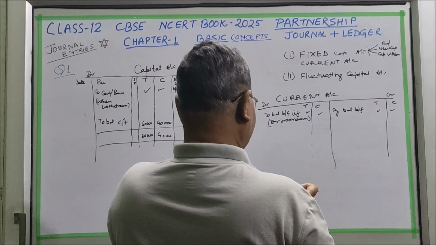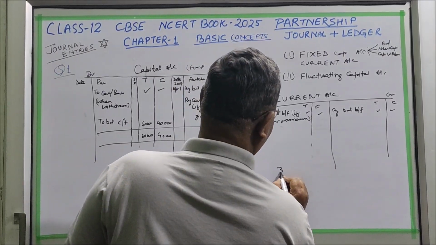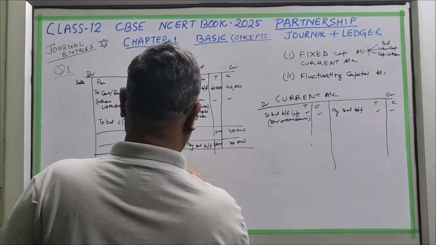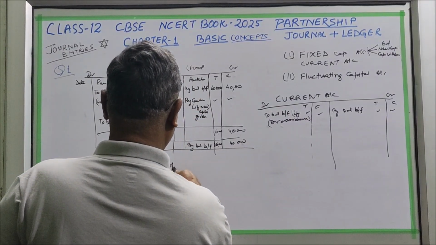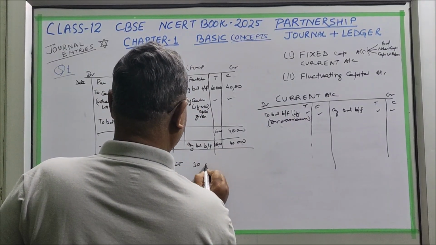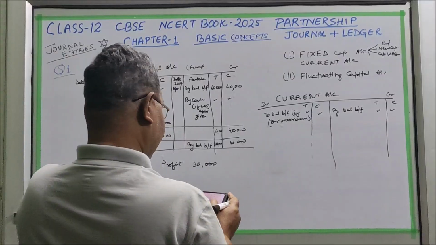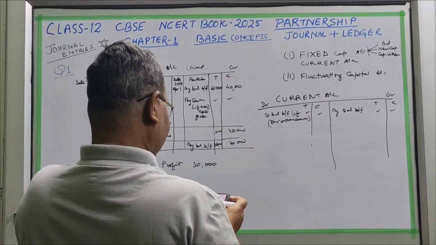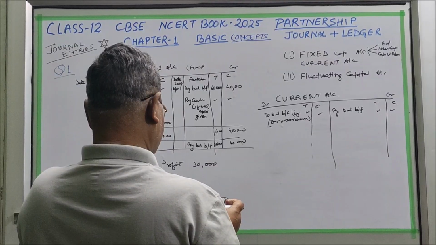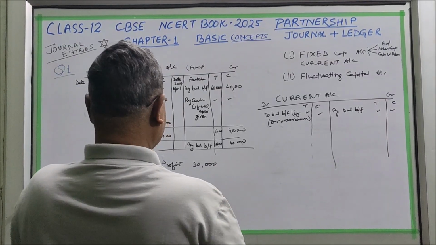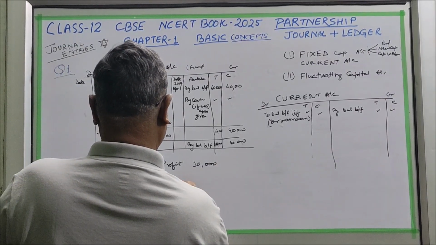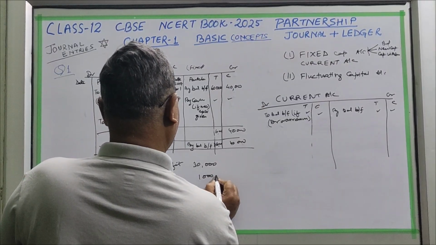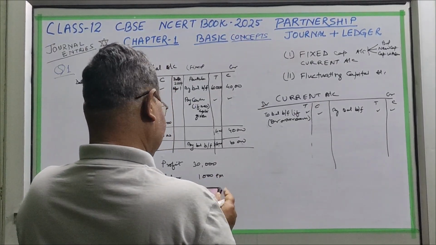During the year they earned a profit of 30,000. 30,000 rupees profit they have earned. So one ruling is clear. Then both are entitled to a salary of 1,000 per month as per the deed.